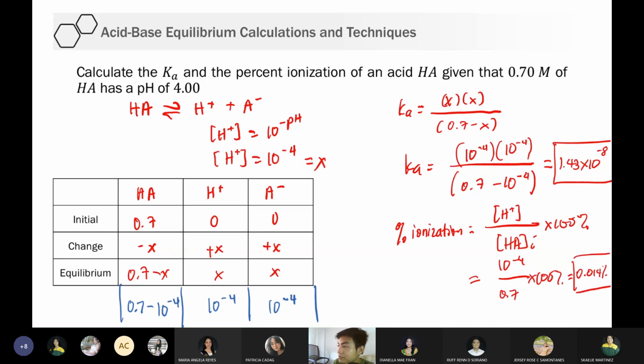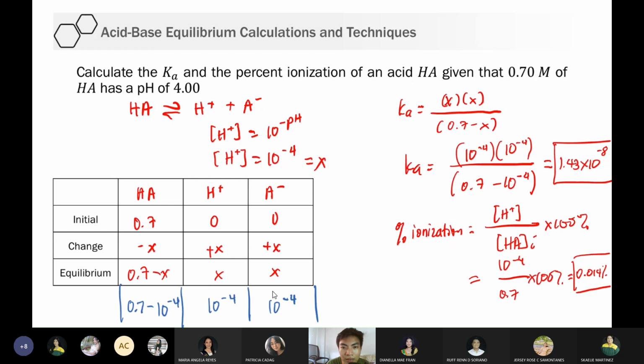Masyadong maliit lang. Diba? Ganun lang. Basta ang tip ko lang sa inyo dito is ganito. Kailangan alam nyo kung ano yung mga meaning ng mga numbers dito. Ano meaning ng pH? Yan yung H+ concentration na naka-negative log lang.